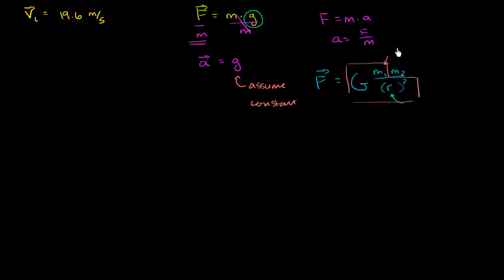If we assume that mass 1 is the mass of the Earth, and r right here is the distance, really the radius of the Earth, from the surface of the Earth to the center of Earth. So you'd be correct in thinking that it actually changes a little bit.